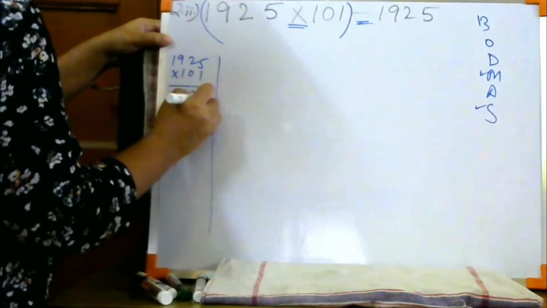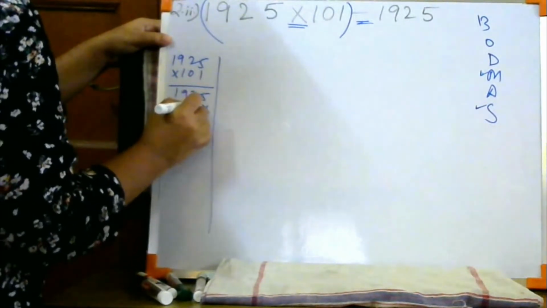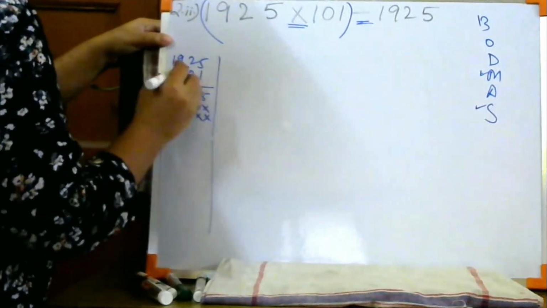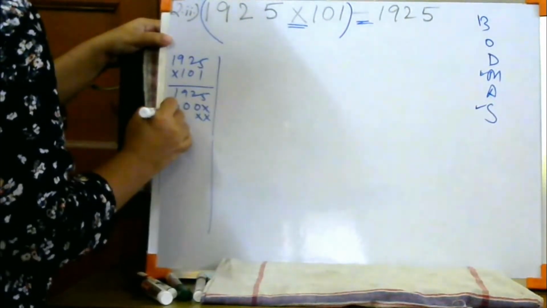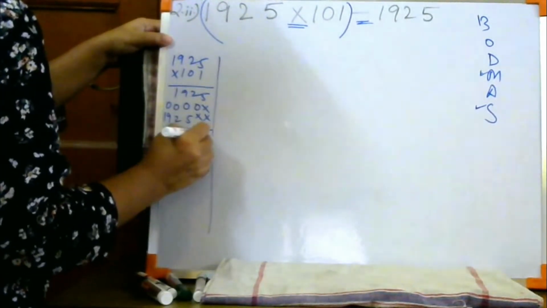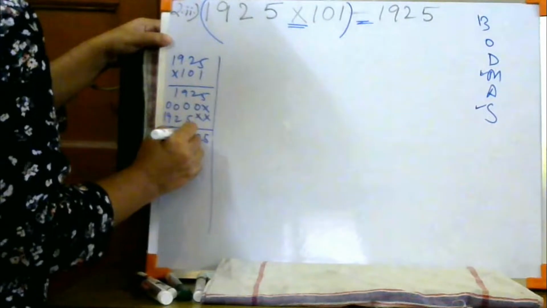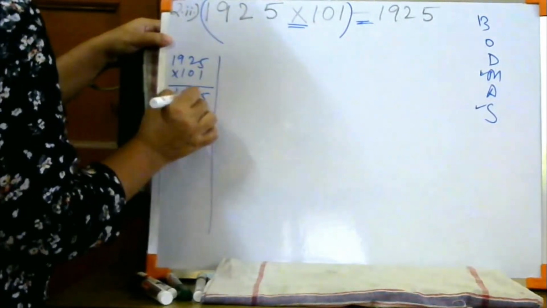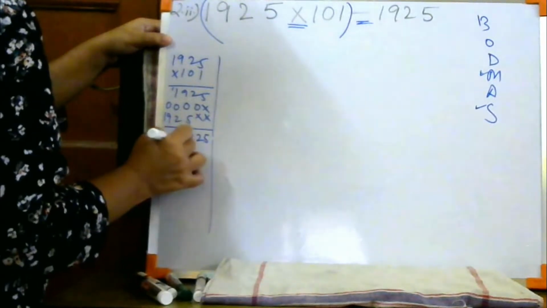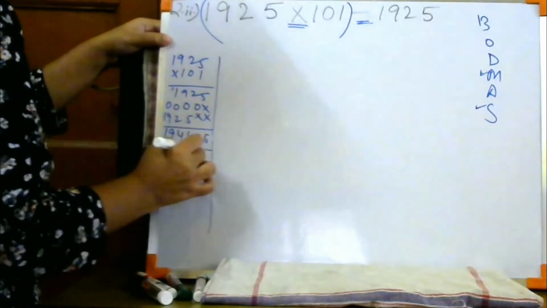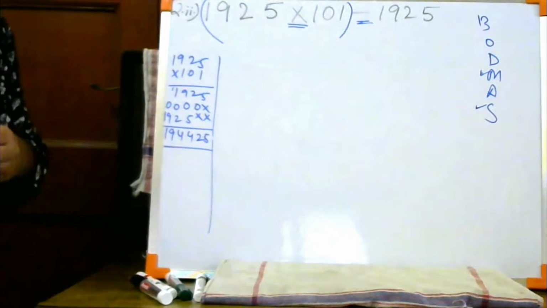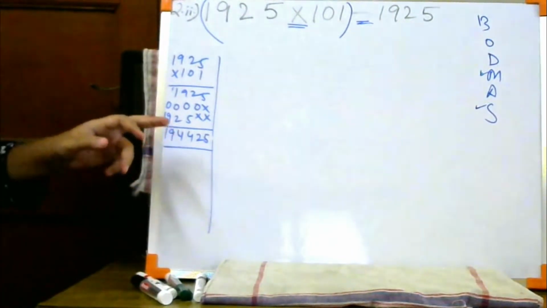So 1925 into 0, 0, 0 and 0. Then again 1925. So it is going to come 5, 2, it's 4, 3, 4, 9, 1. I am getting this 194425. I might be wrong. I am getting 194425.